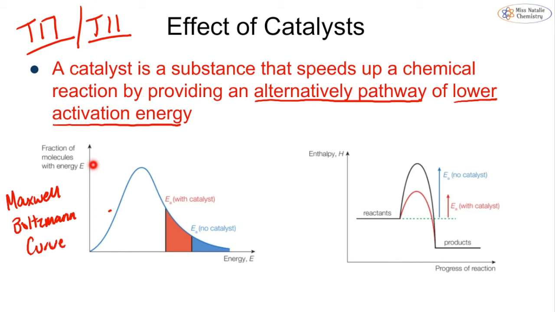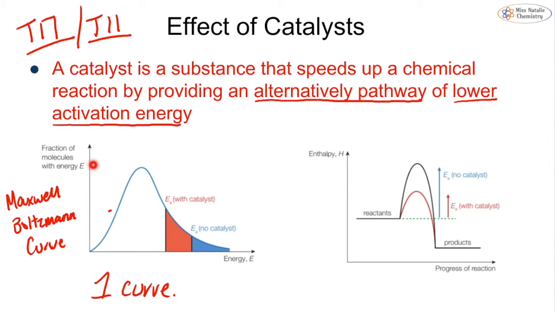Now this time for a catalyst, it should only contain one curve. A temperature explanation will contain two curves, but a catalyst will only contain one. What you will have though is two activation energy lines.